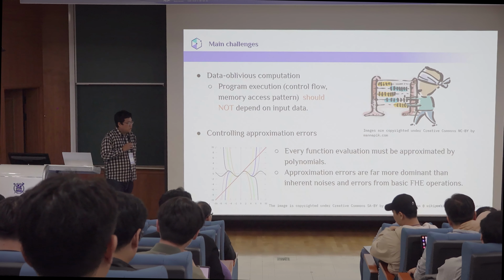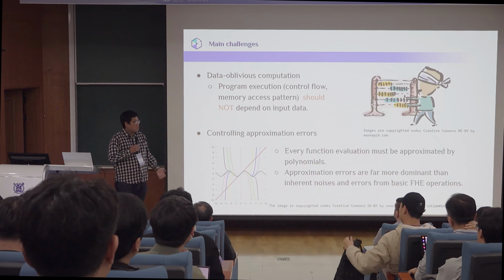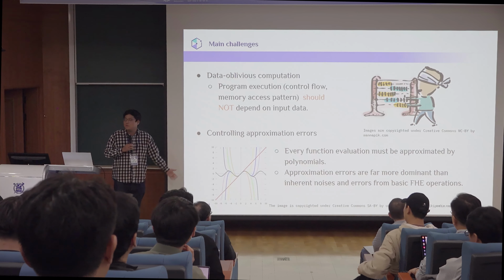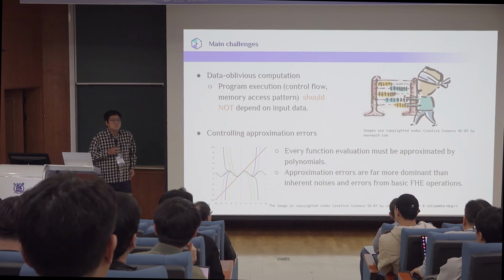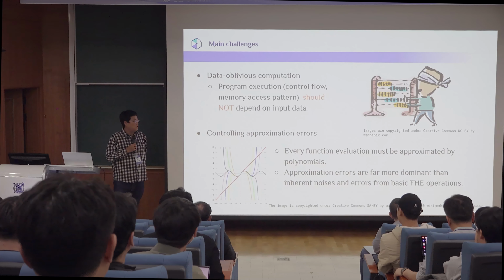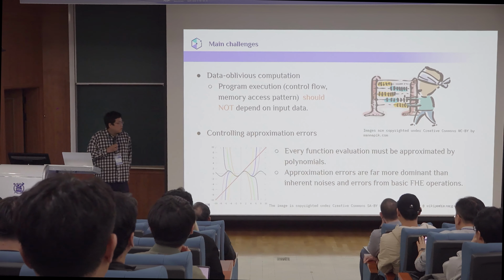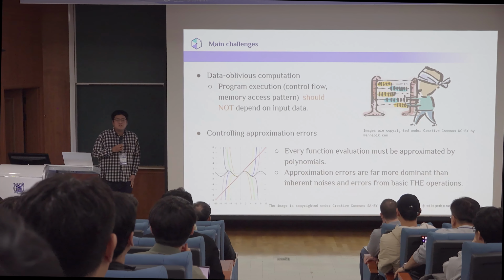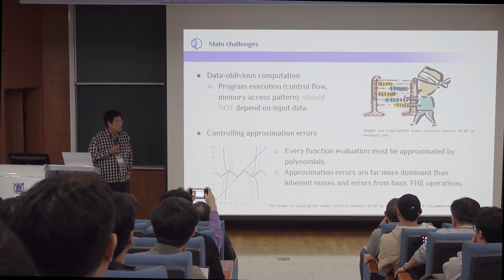So we need to do mathematical functions beyond polynomials, such as logarithms and exponentials. But we can do this only by approximating with polynomials. And actually the polynomial approximation is far from complete.